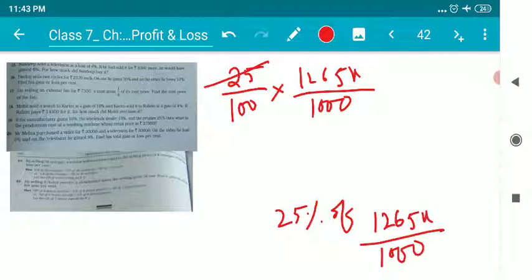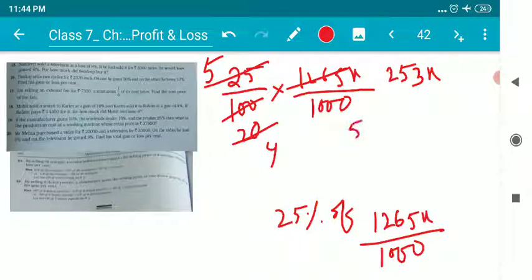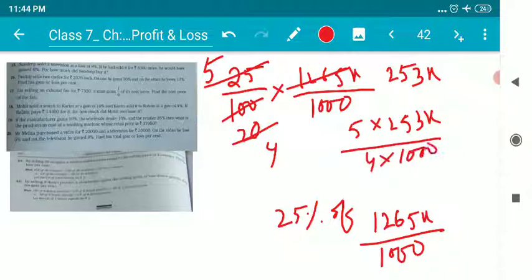5 5s are 25, 5 20s are 100. With 5 I can reduce. 5 4s are 20. So finally I'm getting 1265x by 4 into 1000.